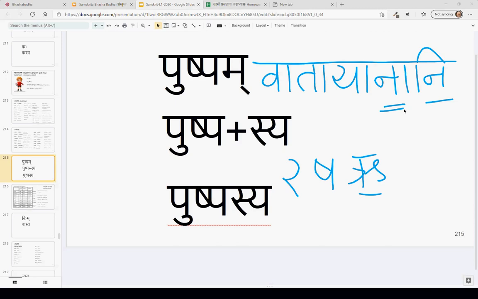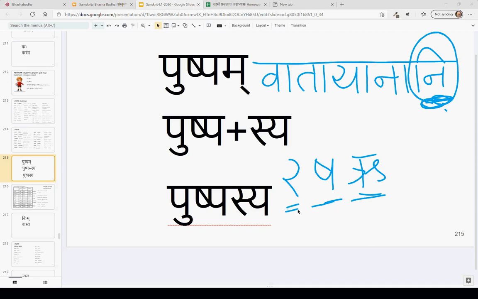Word means a single word usually. Sorry, we are talking about this na, not this one. Whether it changes to na or na depends on the preceding letter. It should be one of these.